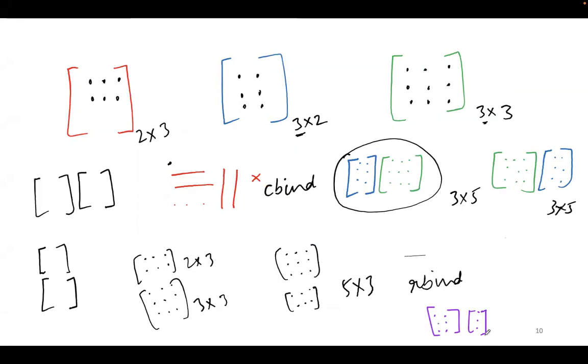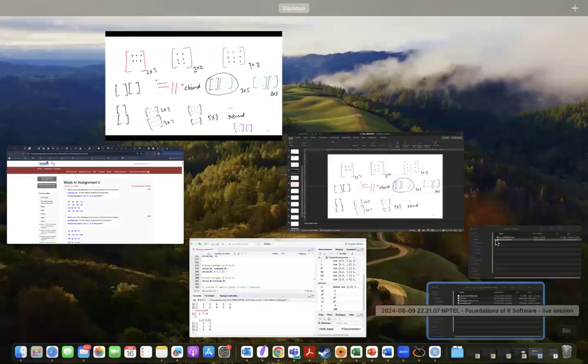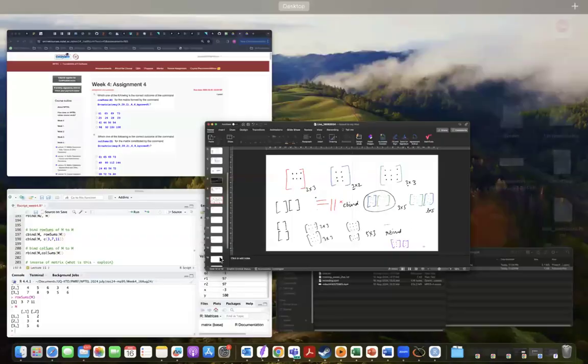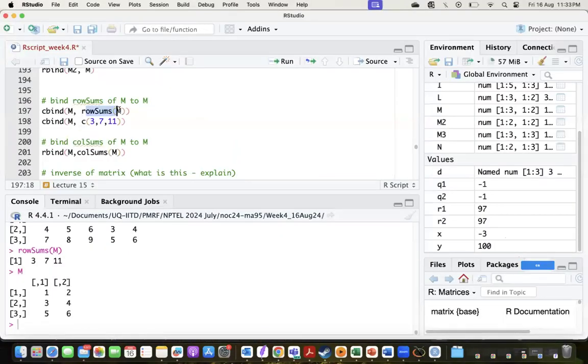So 3. Each column should have the same number of rows. Each row should have the same number of columns. That's the funda, right? So here we can add a vector which has 3 elements. 3 elements means number of rows. And that's what we got when we were calculating row sums also.